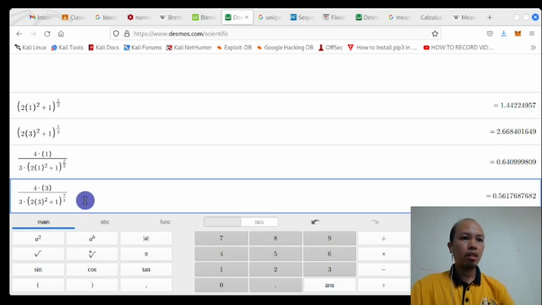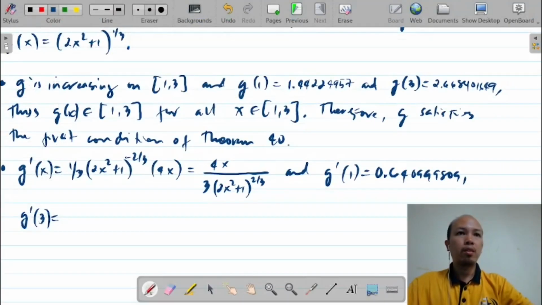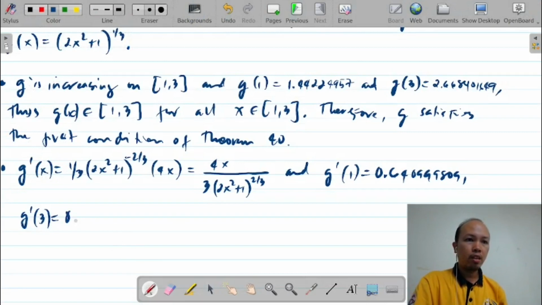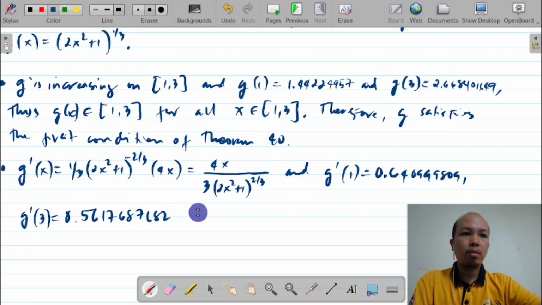Okay, and hit enter. 0.5617. So go to our open board, 0.5617.